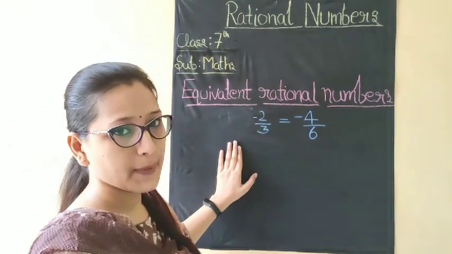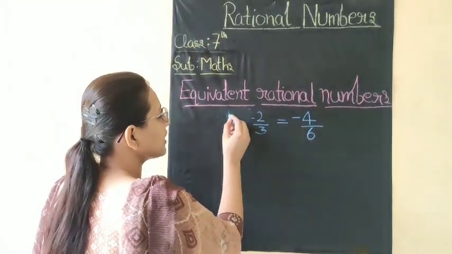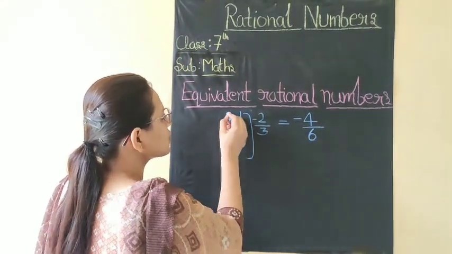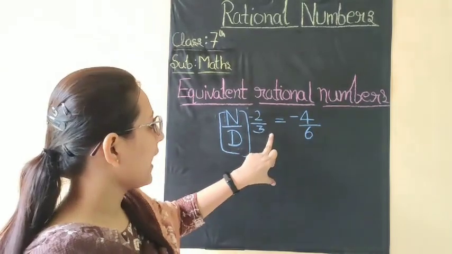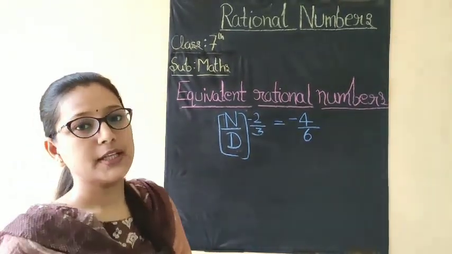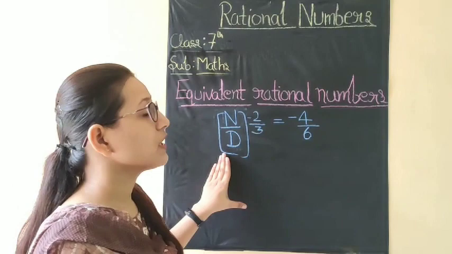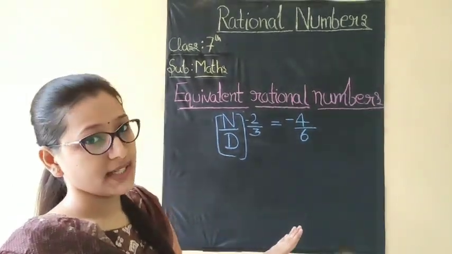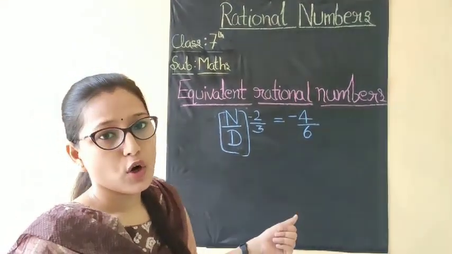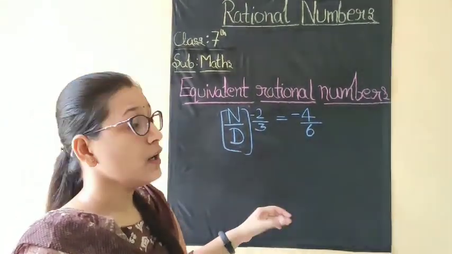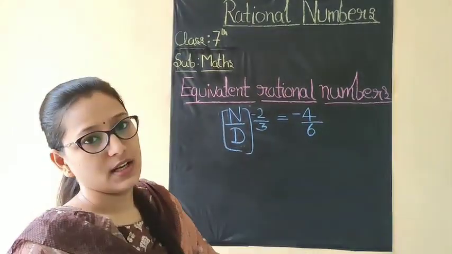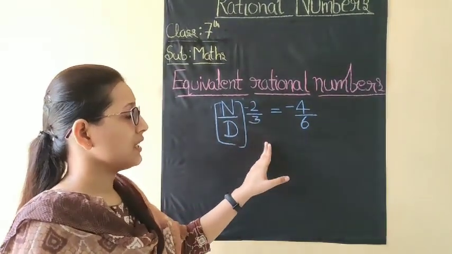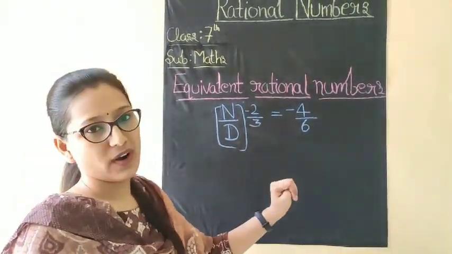When we multiply both numerator and denominator of a rational number with the same non-zero integer, we obtain another rational number which is equivalent to that rational number. For example, I am saying that minus 2/3 is equivalent to minus 4/6.